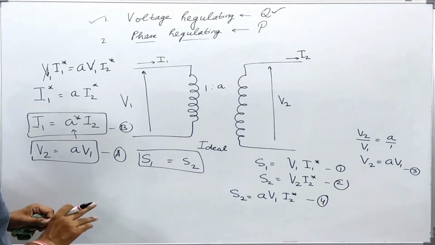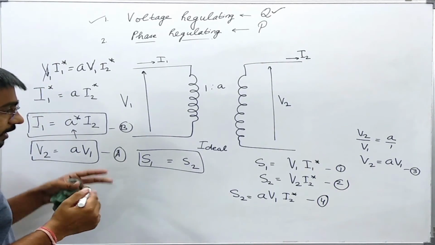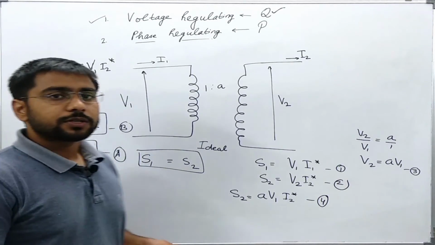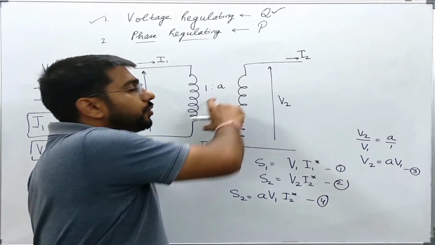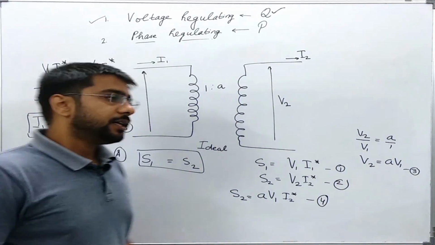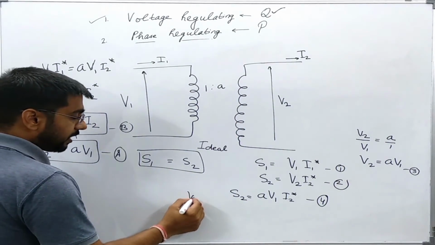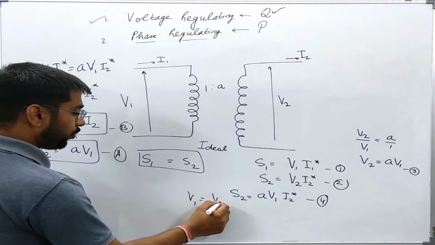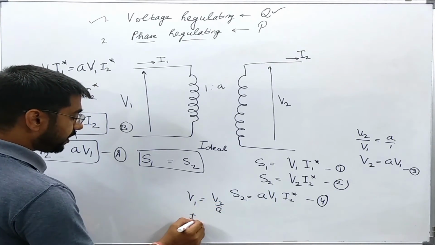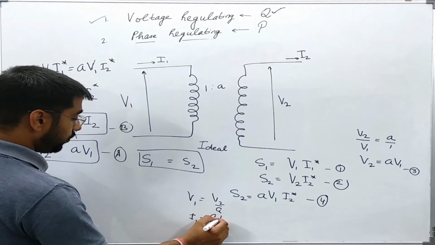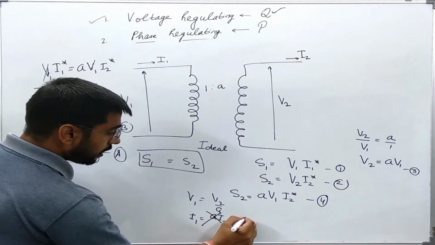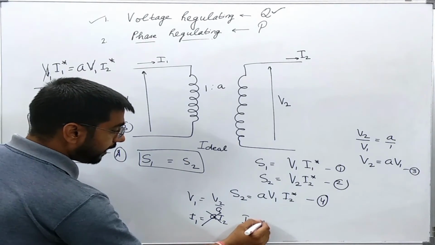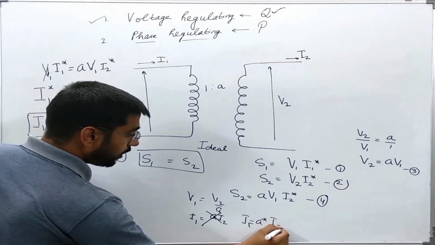Okay, so in the upcoming videos we will assume that the transformation ratio is a complex quantity, and instead of using V1 equal to V2 by A and I1 equal to A I2, we will have to change this to I1 is equal to A conjugate I2.